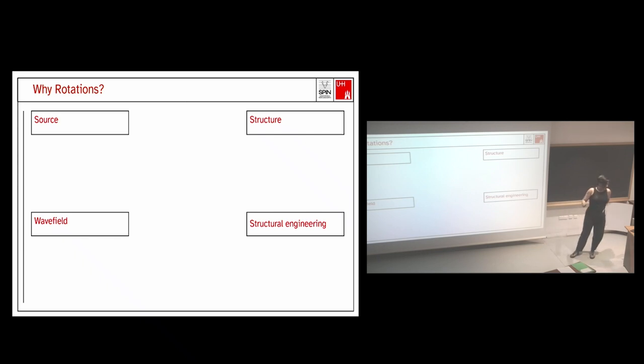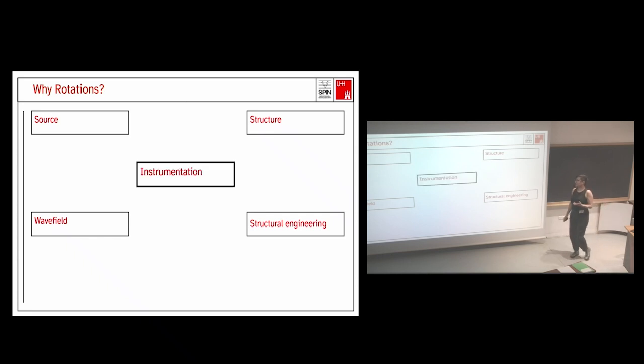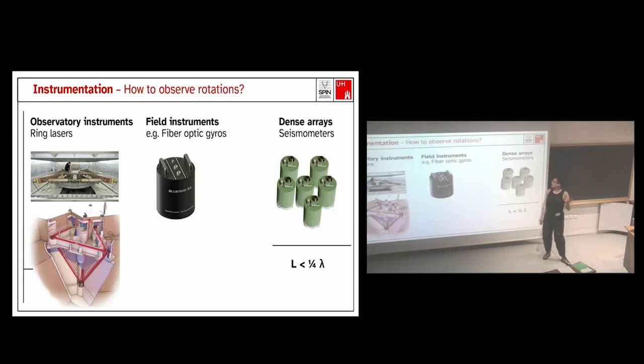Okay, I'll touch on all of these topics, but first I want to tell you how we can actually measure these rotations. So a bit about the instrumentation. Really bird's eye view. Essentially there are 3 different ways to record rotational motions.